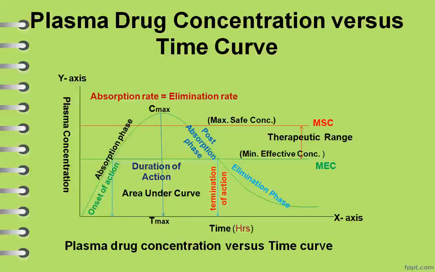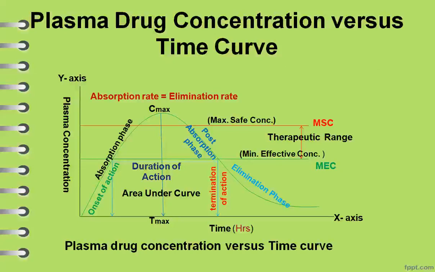How much difference there is between these two steps shows the safety of the drug, or margin of safety. Above the maximum safe concentration, the drug shows adverse effect or overdose effect. And if the drug concentration is below the minimum effective concentration, then no effect of the drug is shown.